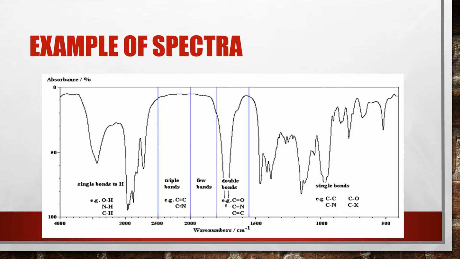The next strongest bonds are double bonds, for example, carbon double bond oxygen, carbon double bond nitrogen and carbon double bond carbon. The weakest bonds are on the right. These include carbon-carbon, carbon-oxygen and carbon-nitrogen, along with various other elements which will bond to carbon.